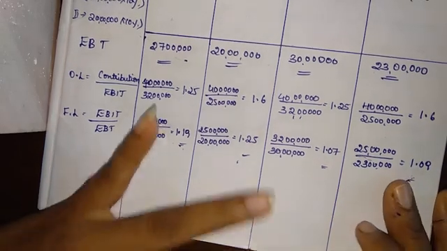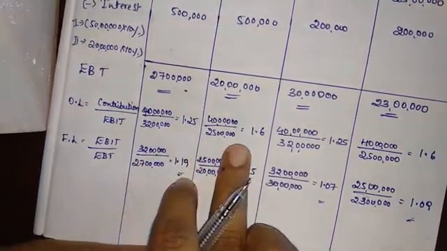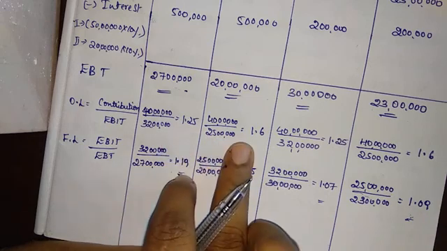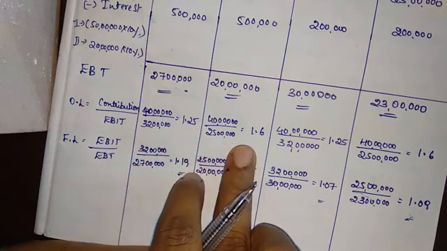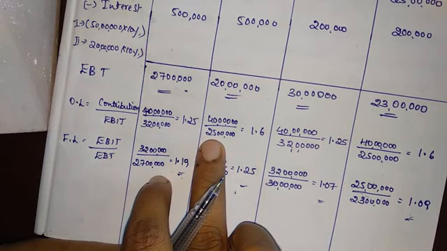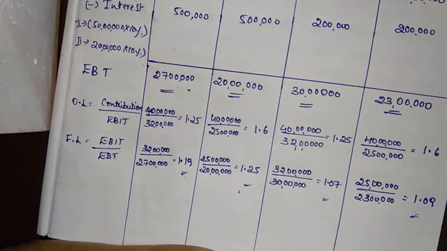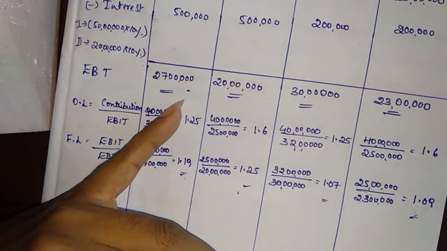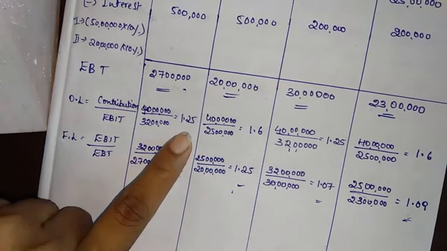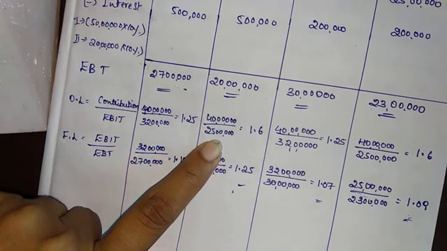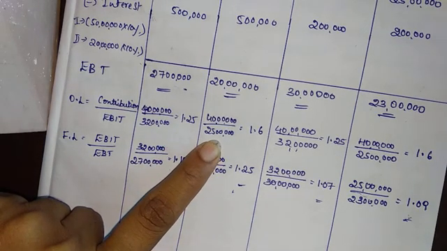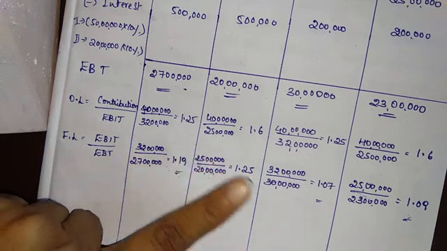Because of fixed cost you can see there is a difference in operating leverage. That means the operating risk has increased from 1.25 to 1.6 due to the increase in fixed cost from 8 lakh to 15 lakh under both plans.